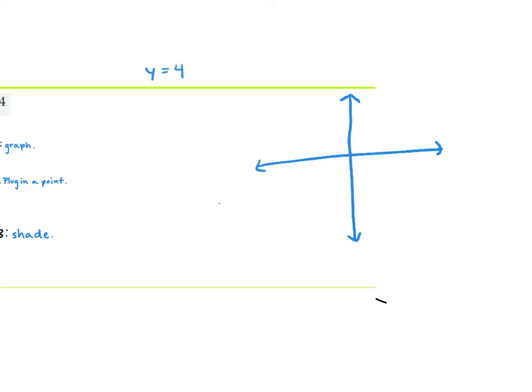Yeah, we have that y is equal to. We can't do anything else here, so we just leave it. So let's go up to y is equal to 4. Put a point there.